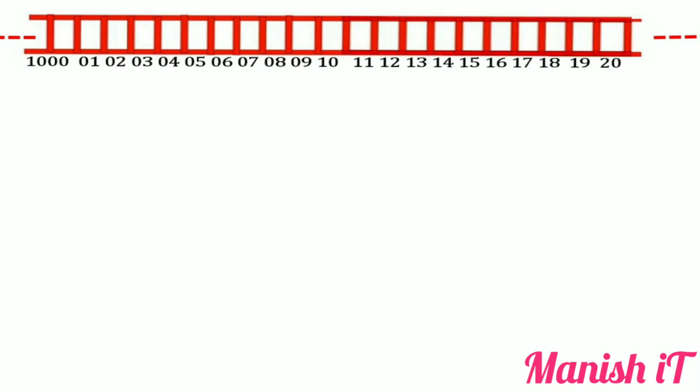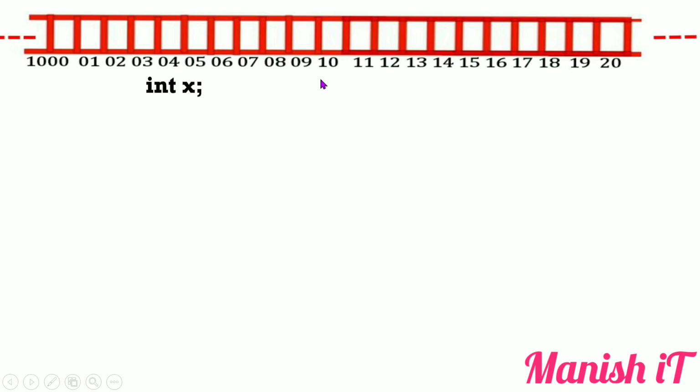See, suppose the user has declared a variable, int x. x is a variable of integer type. Then what happens? After declaration of this variable, memory has to be allocated for x with 2 bytes due to the integer data type.